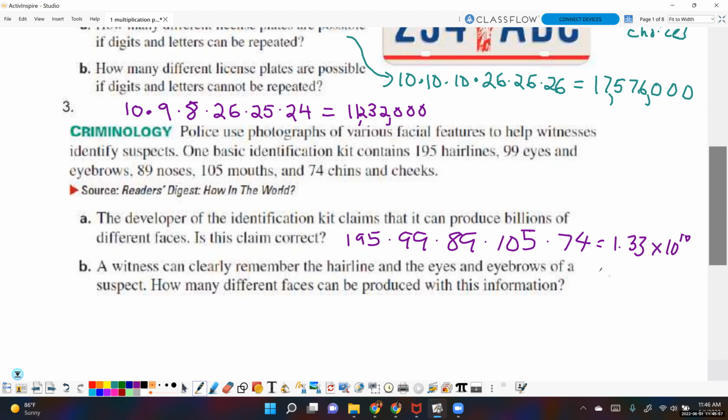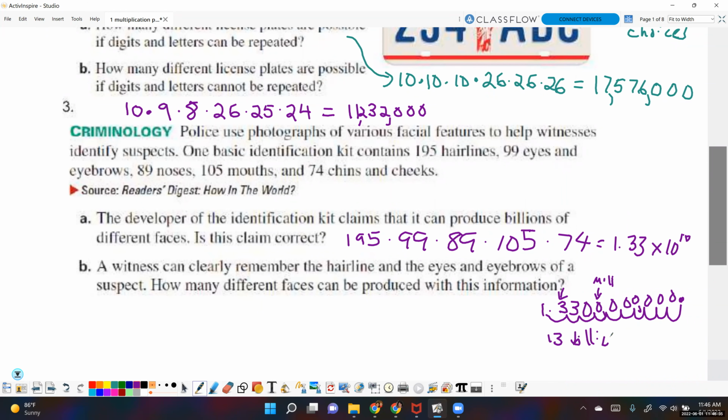So I want to remind you, if I took the 1.33 and I went 1, 2, 3, 4, 5, 6, 7, 8, 9, 10, and now the decimals here, this would be thousands. That would be millions, and this is billion, so there are about 13 billion faces. All right.